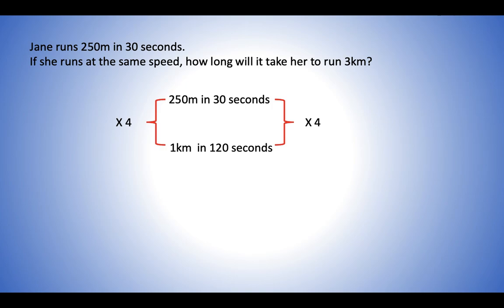But I need to find out how long it takes her to run 3 kilometres. So I'm going to multiply 1 kilometre by 3, and I'm also going to do it to the other side: I'm going to multiply 120 seconds by 3, and that's going to give me 360 seconds. So it actually takes Jane 360 seconds to run 3 kilometres.